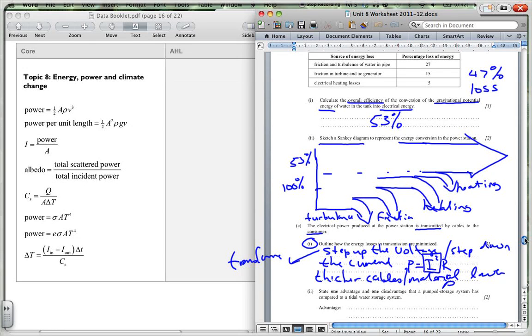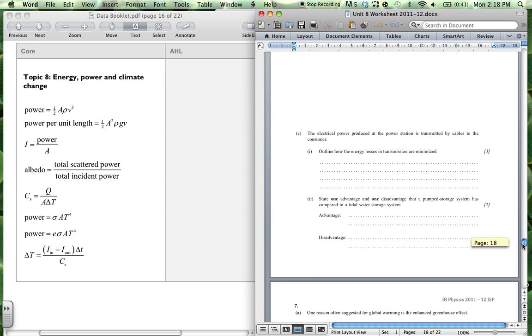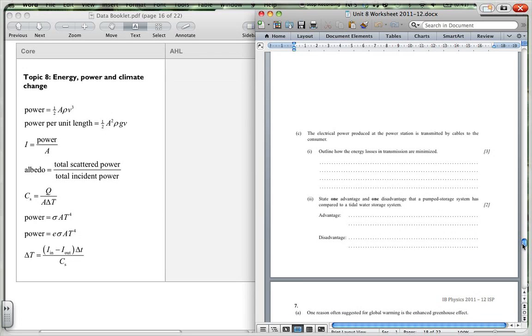Then it says state one advantage and one disadvantage that a pumped storage system has compared to a tidal water storage system. It's very important to note here that they are comparing these two things, so you have to frame your answers as you relate these two things together. So you're looking at your pumped storage system compared to your tidal water storage system.